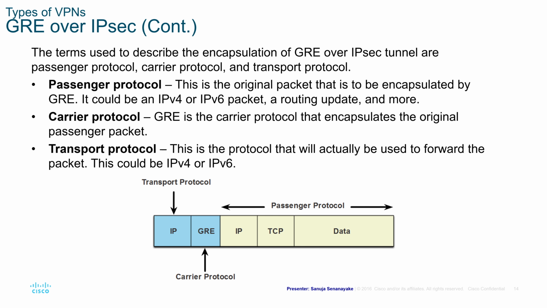At the bottom of your screen, this shows how the packet would be divided. We have the IP, which is the transport protocol, GRE would be the carrier protocol, and then the passenger protocol includes the IP, TCP, and the data associated with it. You should know this by heart, so that you'll be able to write those exams and understand the concepts that we will be covering.